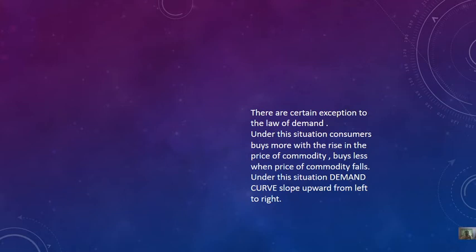So exceptions are related to these particular circumstances, these situations under which the consumer buys more when prices rise and buys less when prices fall. Under these situations, the demand curve slopes upward from left to right.